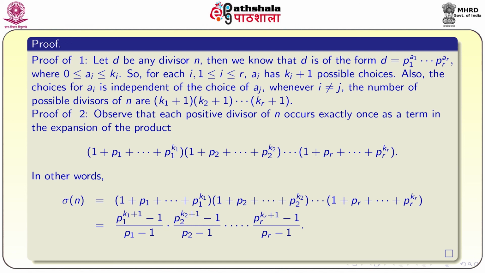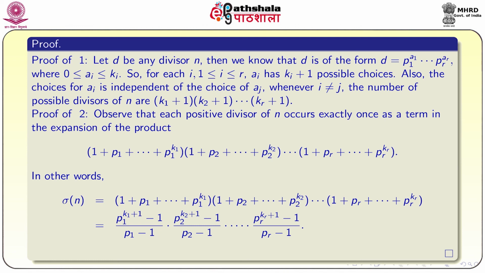Also, the choice of ai is independent of the choice of aj whenever i not equal to j. The number of possible divisors of n is therefore (k1 plus 1) into (k2 plus 1) and so on (kr plus 1), since there are k1 plus 1 choices for a1, k2 plus 1 choices for a2 and so on, kr plus 1 choices for ar.